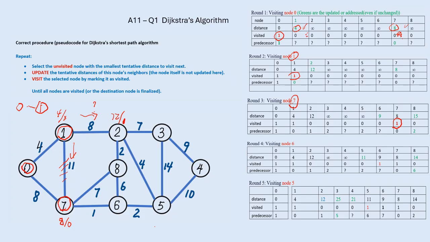You can read. And then whenever you put this table, number 7 you're choosing, and then you're updating. They have 2 neighbors, 8 and 6. So 8, 6, you will get 9. So 9 from 7, right?